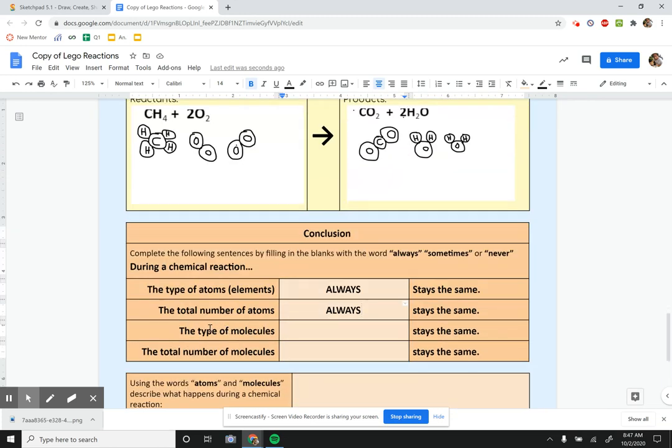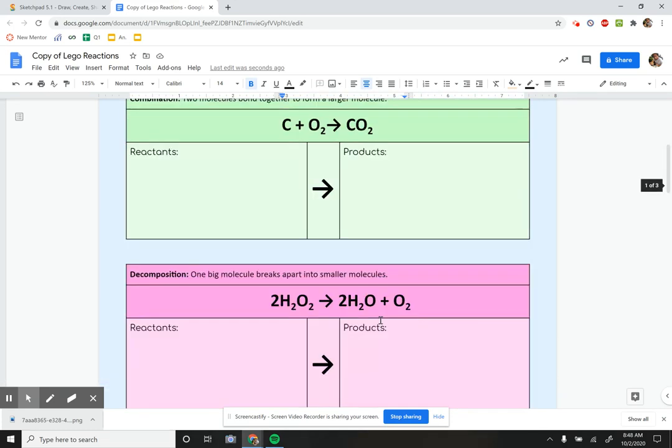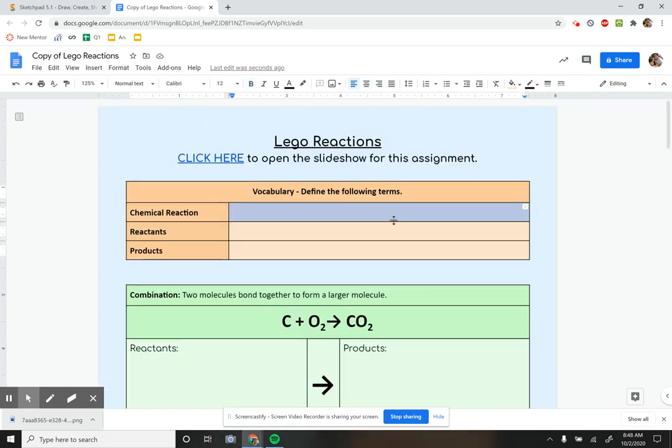Okay, the type of molecules always, sometimes, or never stays the same. I want us to go back up, and I'm going to type it here, but you should have already typed it, to the definition of a chemical reaction. We said a chemical reaction is when molecules change into different molecules.